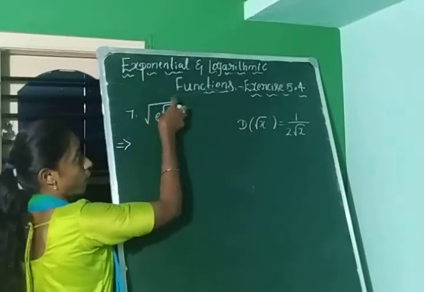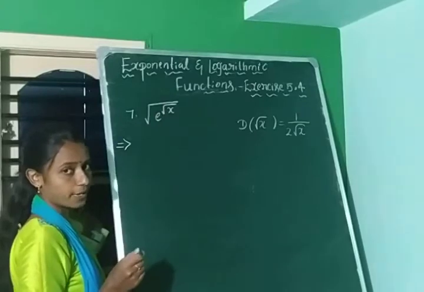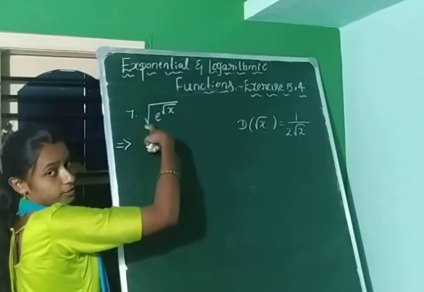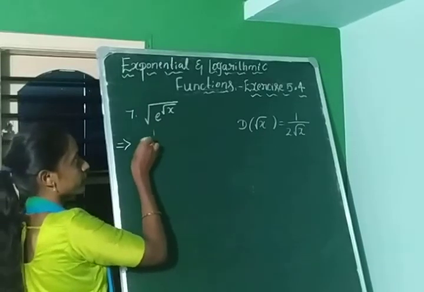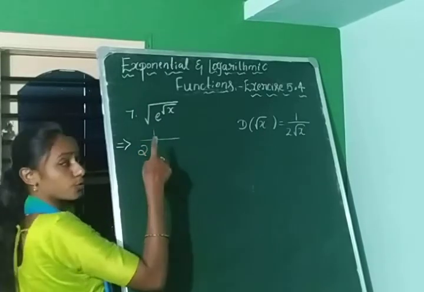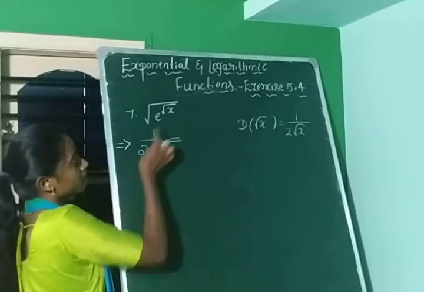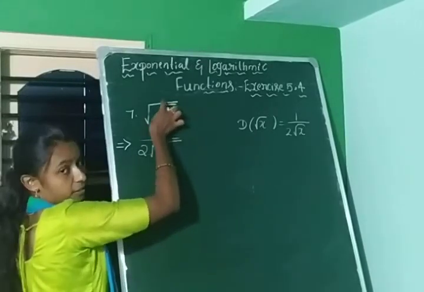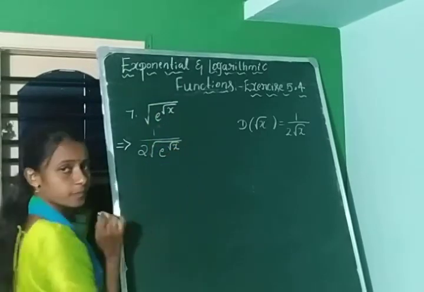So root of exponential, again the power root x is there. Okay. You need to differentiate this carefully. So root x is nothing but 1 divided by 2 root x is there. So root of x is nothing but this inner function. Clear? So inner function is nothing but e root x is there.